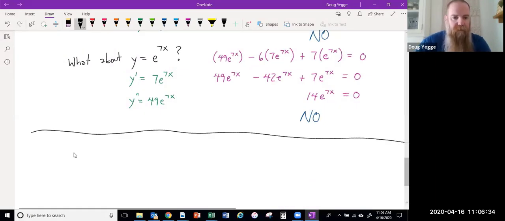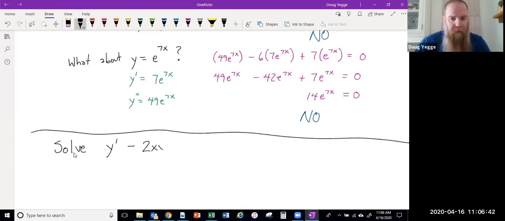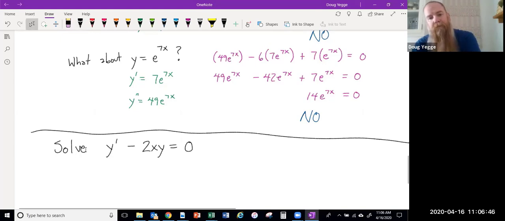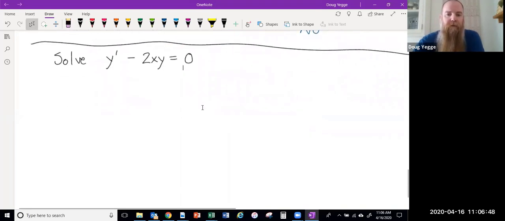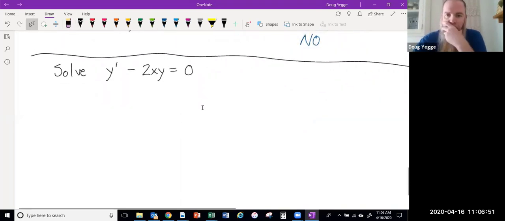So let's solve y prime minus 2xy equals 0. Okay.